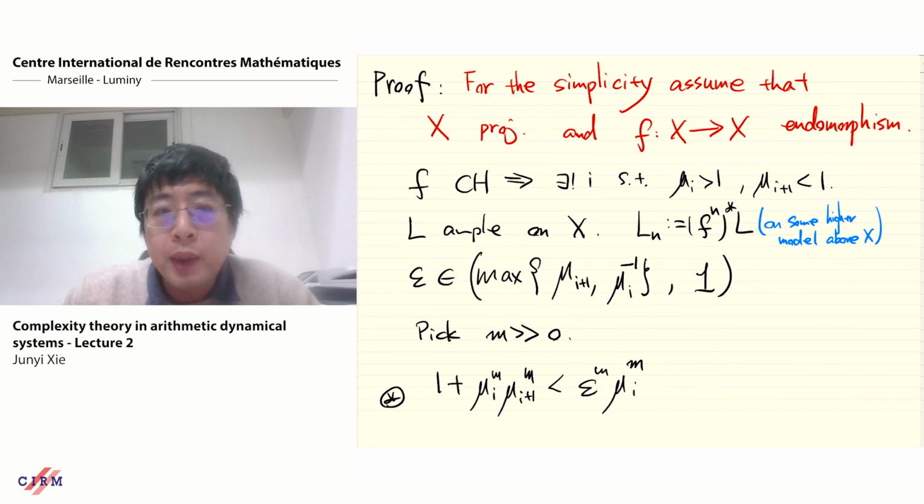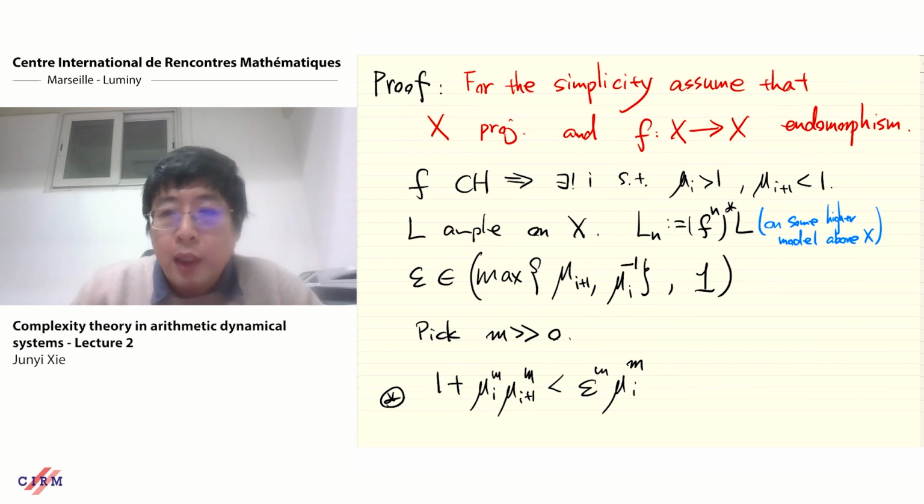So for simplicity, we assume that X is projective, and our map f from X to X is an endomorphism. So it's not rational. It's an endomorphism everywhere well defined. So if f is cohomologically hyperbolic, then there is a unique i such that mu_i is strictly larger than 1 and mu_{i+1} is strictly less than 1.